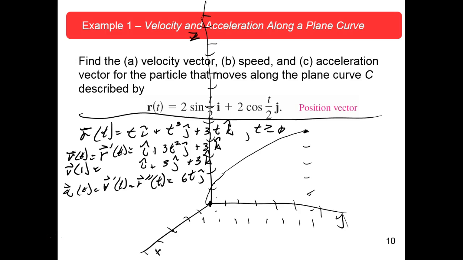t equal 1, I believe, was right about here, wasn't it? Or right here. Right here, I think it was. Yeah. It was right there. And the velocity vector is 1 in the i direction. So it's coming out of the board here. 3 in the j direction. And 3 in the k direction. So it's coming this way and going up, so it's somewhere there. Hard to see on this scale because everything's turned wrong.